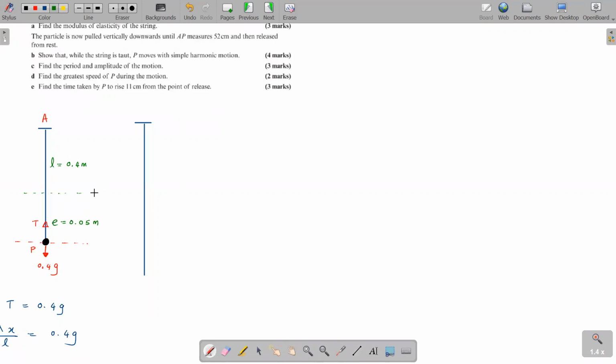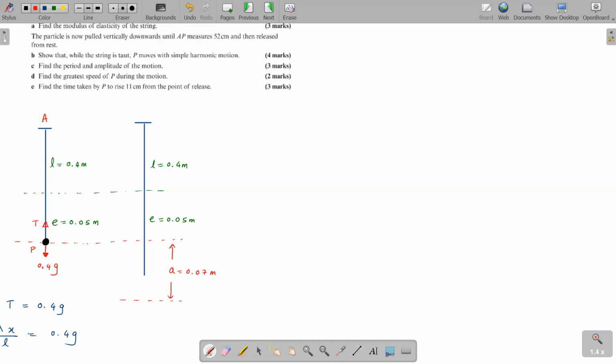First this is the natural length, I'm drawing a series of diagrams. Natural length is 0.4 meter, e is 0.05 meters. And over here, I'll mark the amplitude, 0.07 meters.